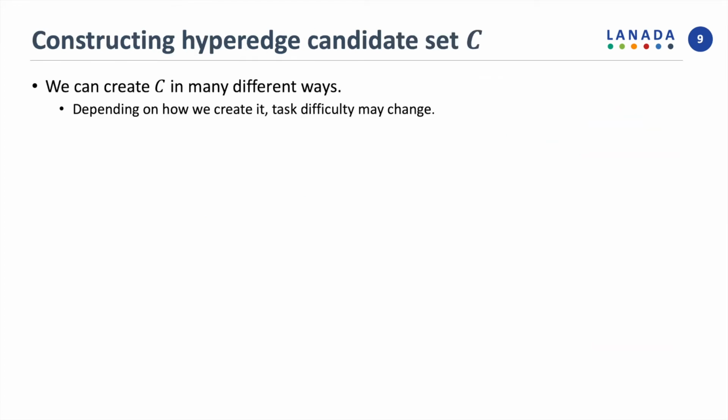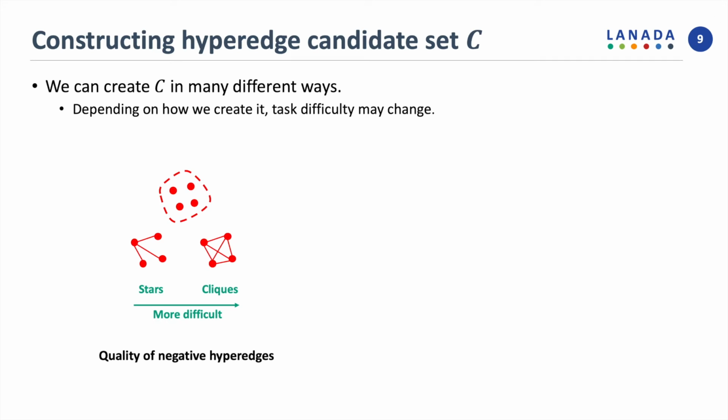We can create the candidate set in many different ways, and depending on how we create it, the task difficulty may change. We can control the quality of negative hyperedges, and the better the quality, the more difficult the task becomes.